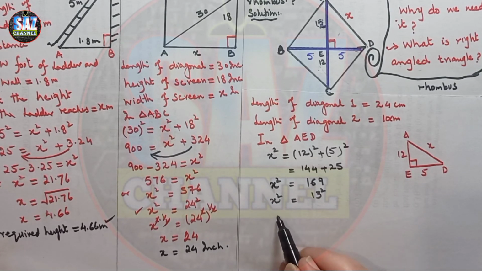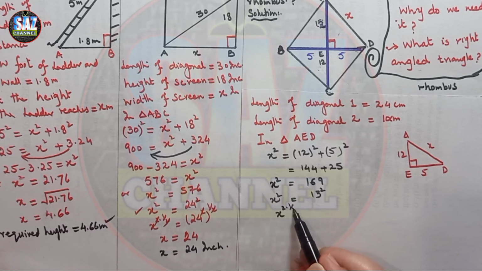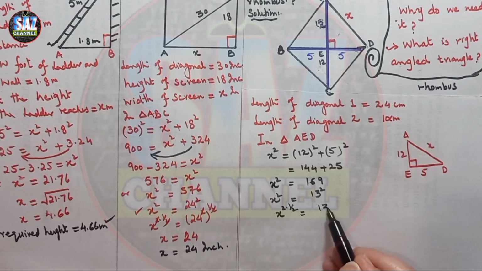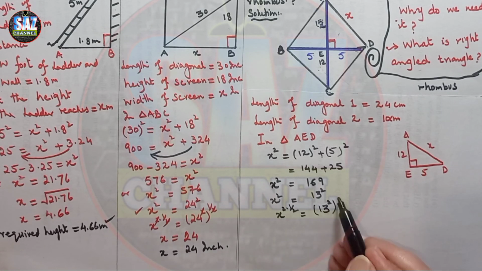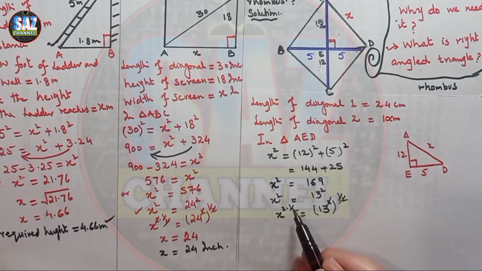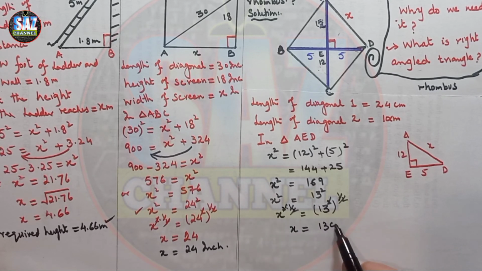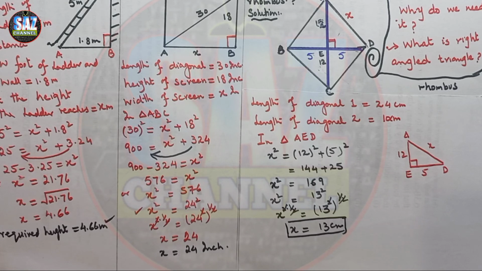Now what I have to do in order to get the value of x, I have to take the square root on both sides, and 13 square raised to the power of 1 by 2. This will cancel, and x equals 13 centimeter. Okay, and let me block the answer. Now we have to see the requirement of the question: find the length of each side of the rhombus.